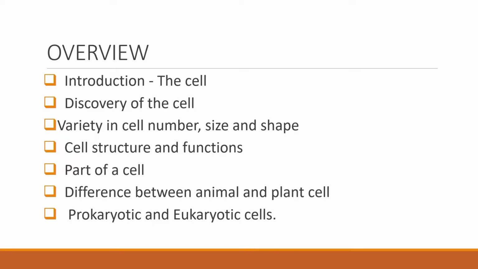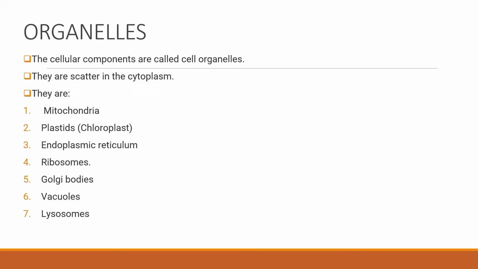In this video lecture we will discuss more about cell organelles. What do you mean by cell organelle? Cell organelles are a number of structures which occur in the cytoplasm. These cellular components are found scattered in the cytoplasm.